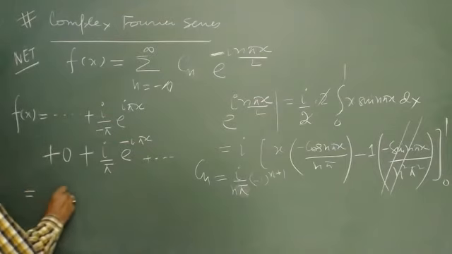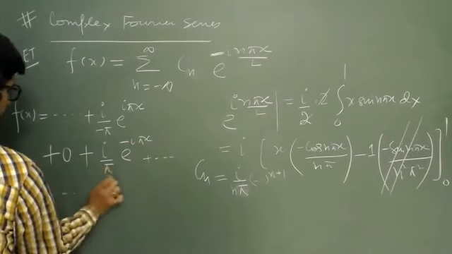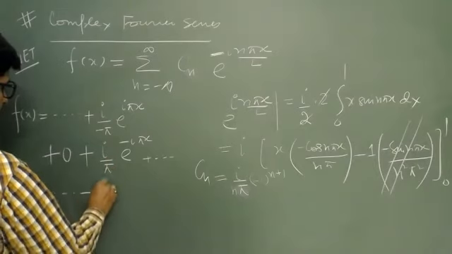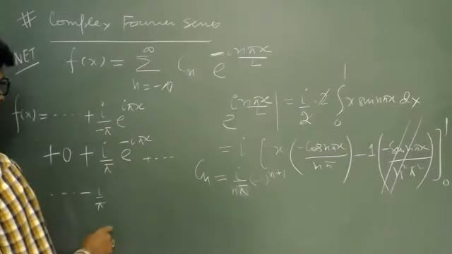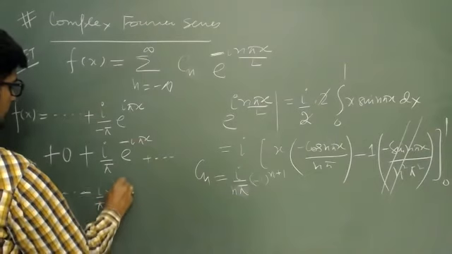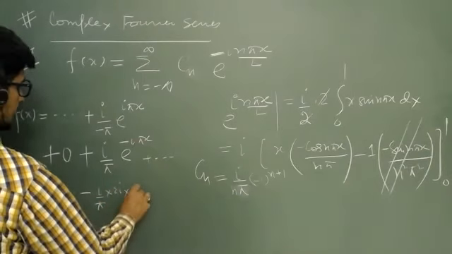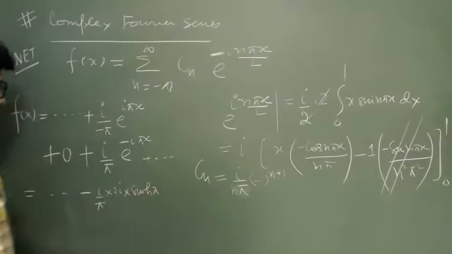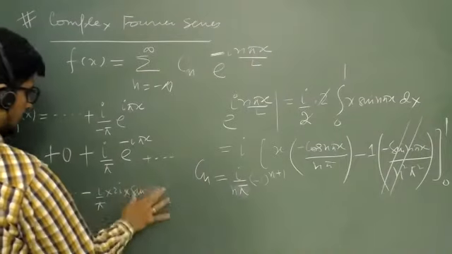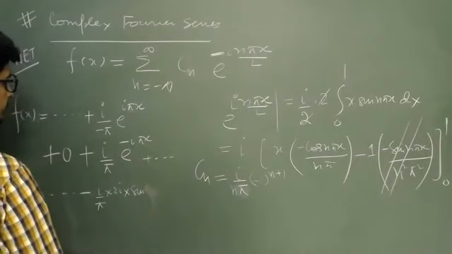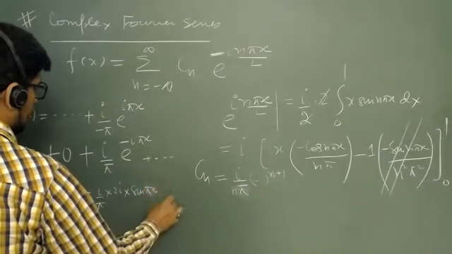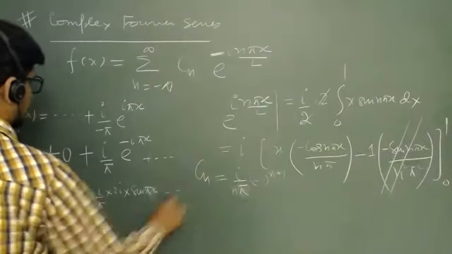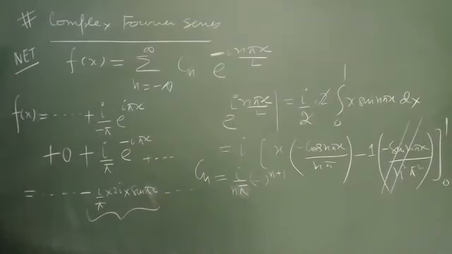So we can write it like this, dash dash dash plus, if I take minus i by pi common, and I multiply it by 2i, then it will become sine pi x and dash dash dash. This one term, it will combine. And this minus minus i and this will be gone.